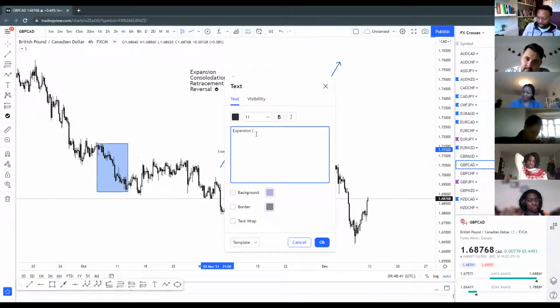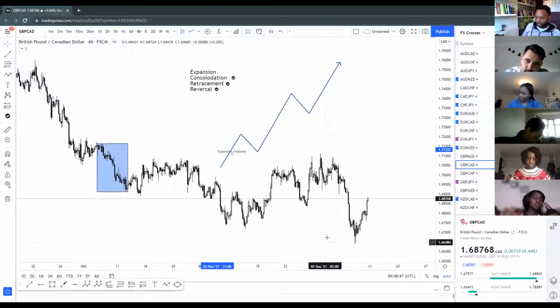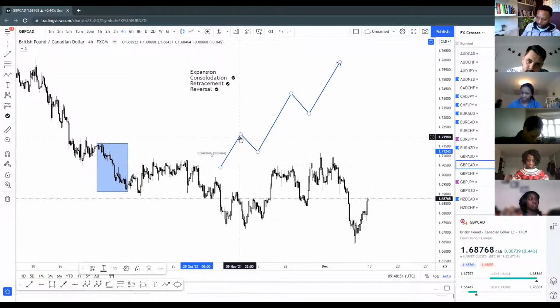Expansion is sometimes called an impulse. There's one here, the first leg. Boom, from here to here. Impulse. Expansion, call it whatever you want. We're calling it expansion for now, but it is equally termed an impulse.